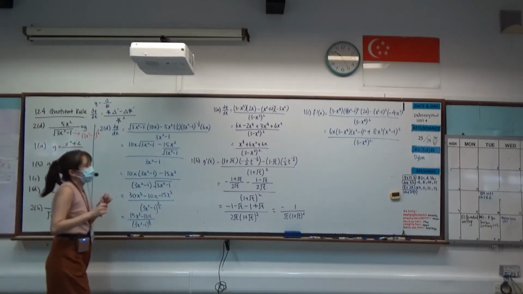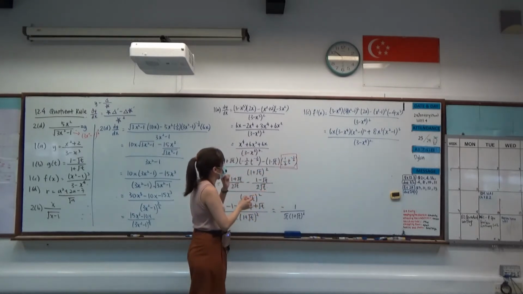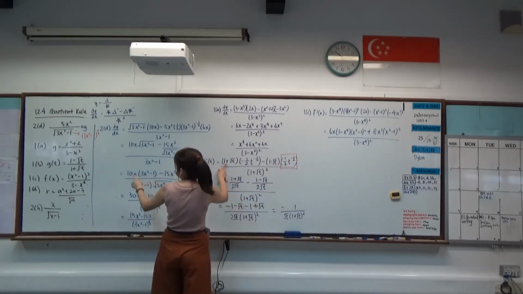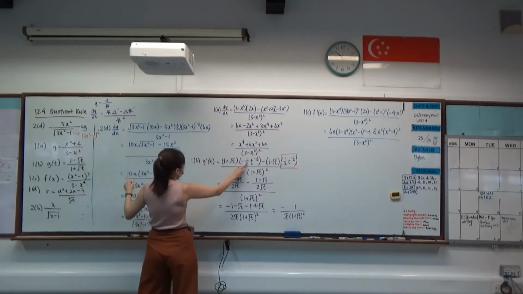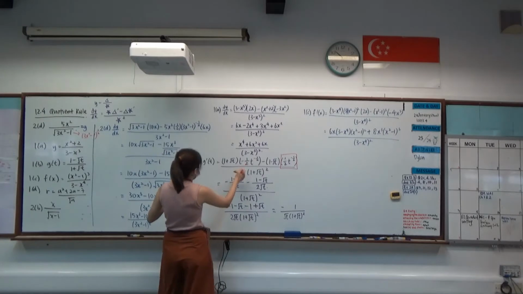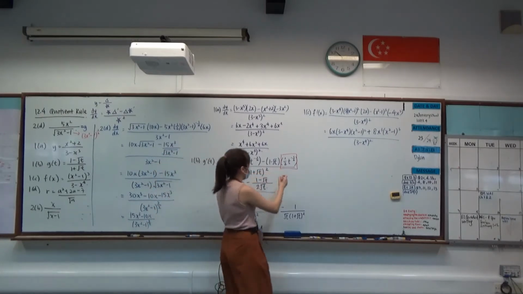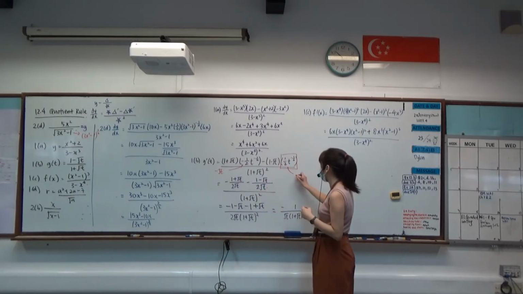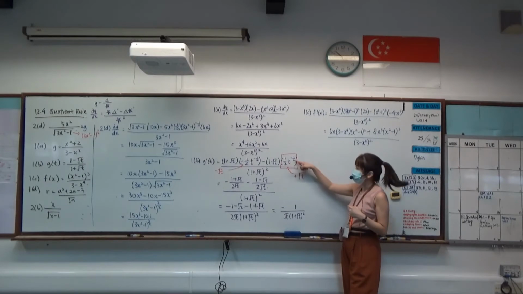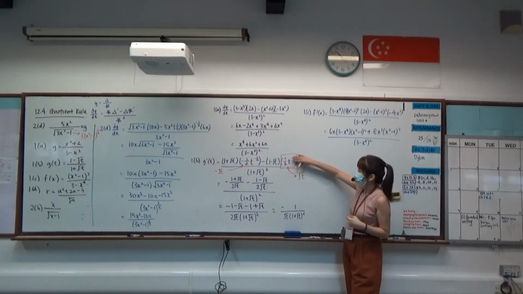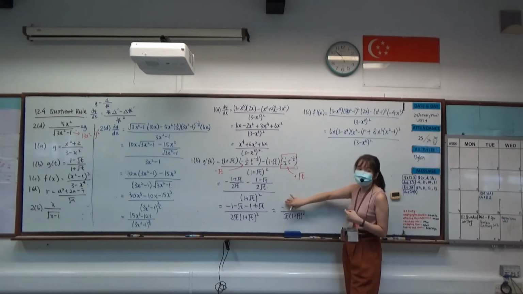Just that when it came to this part, when you needed to differentiate, because over here we kept the bottom and differentiated the top, this is a result of differentiating negative square root t. Then over here, it is a result of differentiating positive square root t. So you brought down the half, but then you forgot to minus 1. And then over here, some of you actually forgot to put in the power. And that will affect the answer greatly.